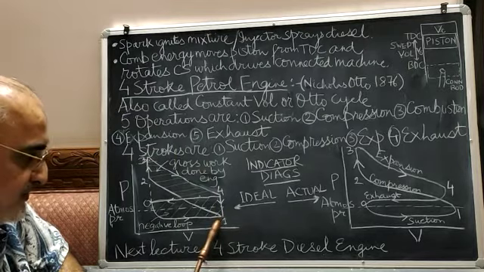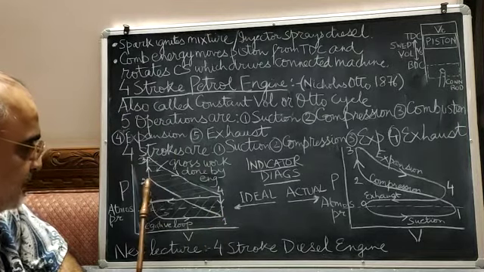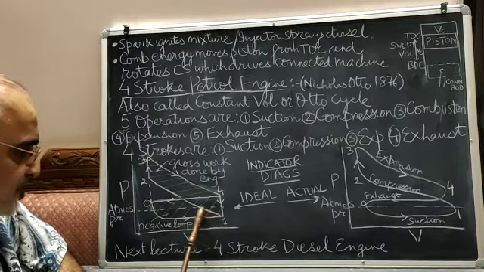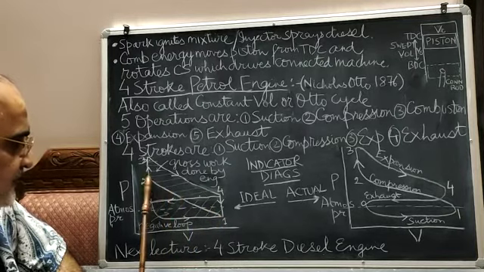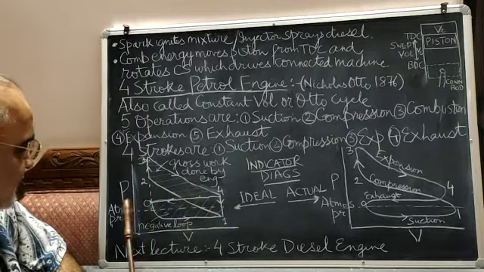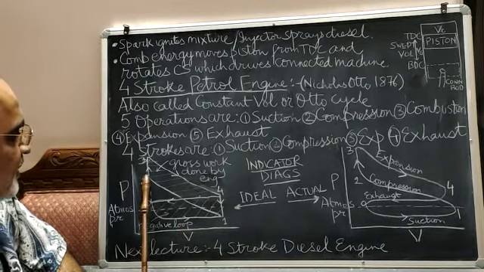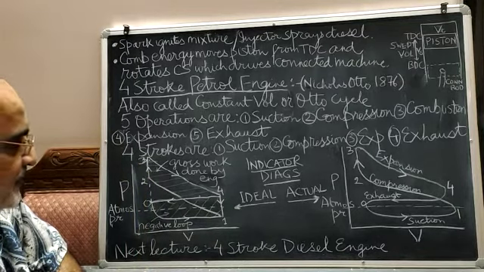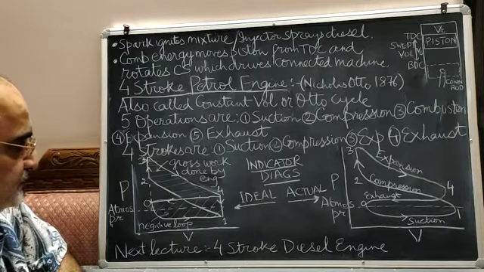Second is compression from 1 to 2. Here at constant volume, the pressure of the charge rises much above the atmospheric. Then 2 to 3 is the power stroke.